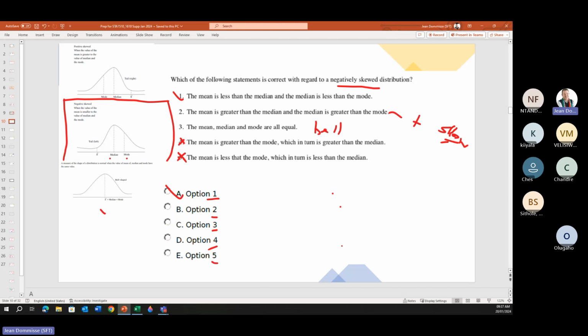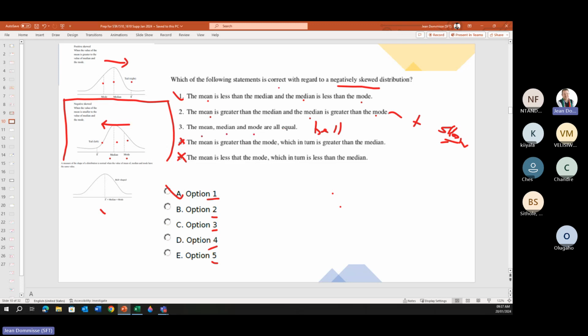So another way to simplify it for you is to see it as mode, median, and mean. The order is always mode, median, mean, mode, median, mean.